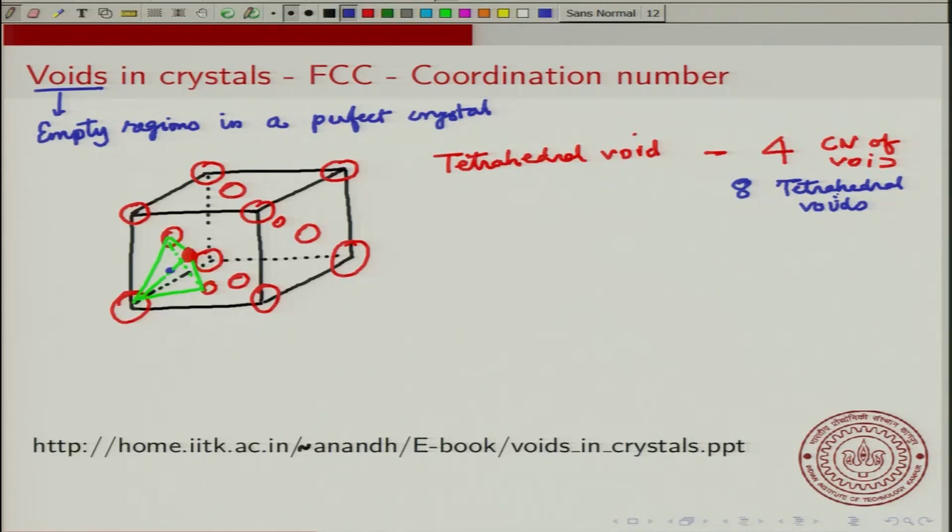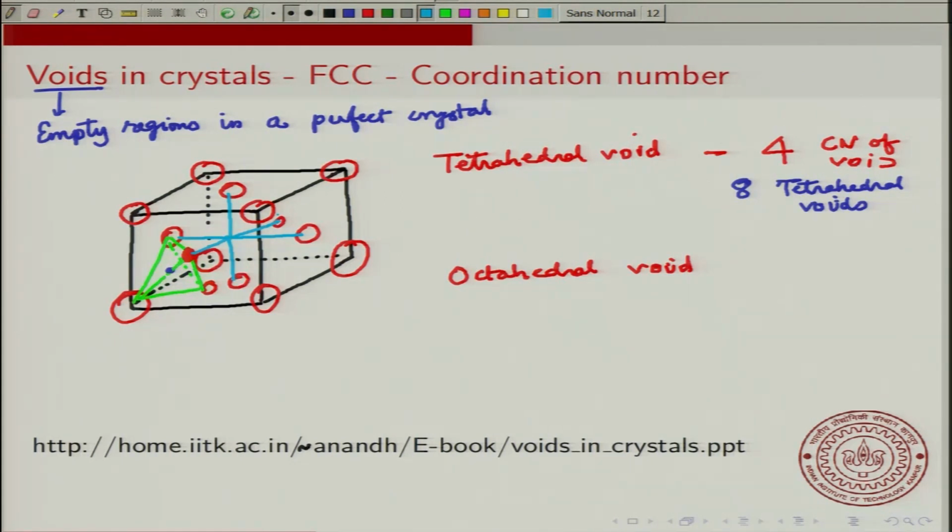Now there is another kind of void which is called the octahedral void. I will show you one of them. One of them is located right in the center of this cube, and it is equidistant from each of these 6 face center atoms.